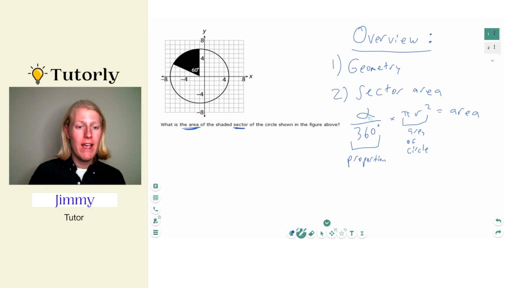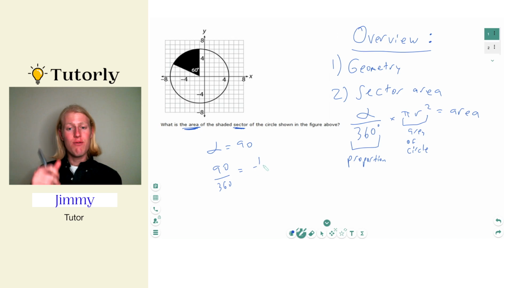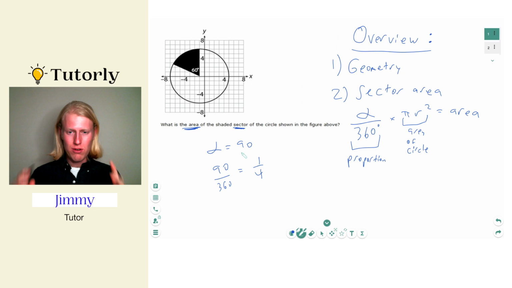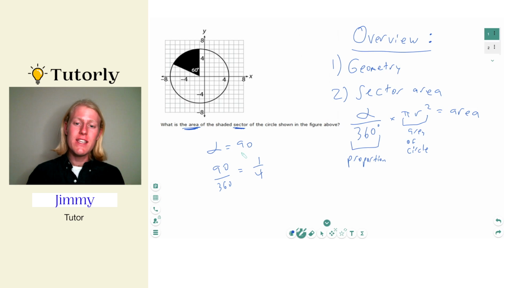Let's say our central angle is 90. Then we have 90 over 360, which reduces to 1/4. So an angle of 90 degrees is 1/4 of the whole circle, which makes sense because four of them fit into a circle. So the area of a sector is the proportion of the angle to the whole. That's pretty cool.